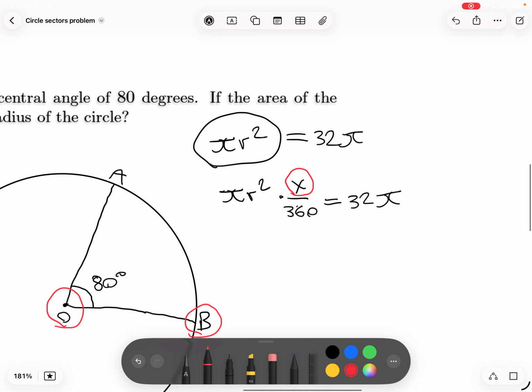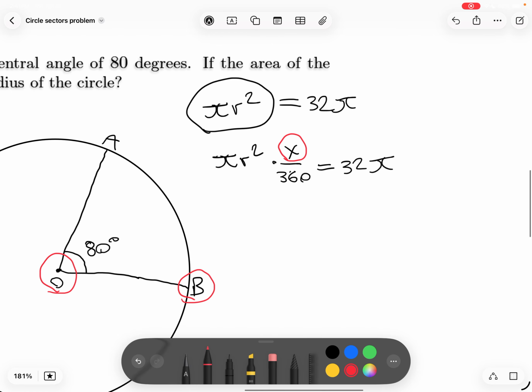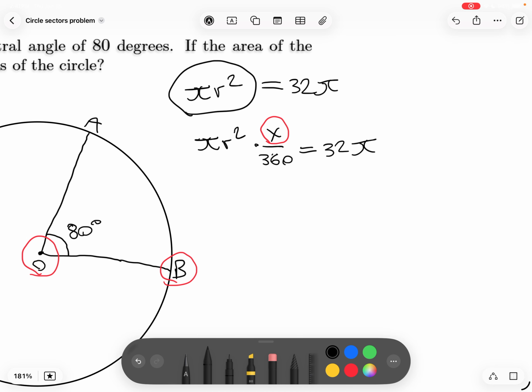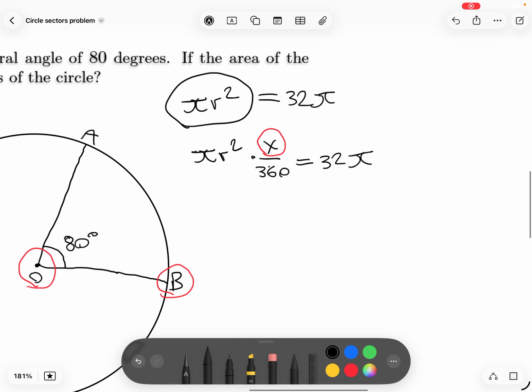All we need to do from here is solve this equation. It's pretty simple. We have pi r squared times x over 360, and all we need to know from there is r. We're just going to do some basic algebra. First, we substitute in the value of x, so that's 80 over 360 equals 32 pi.